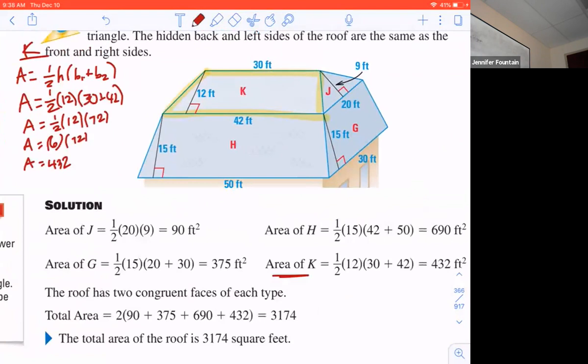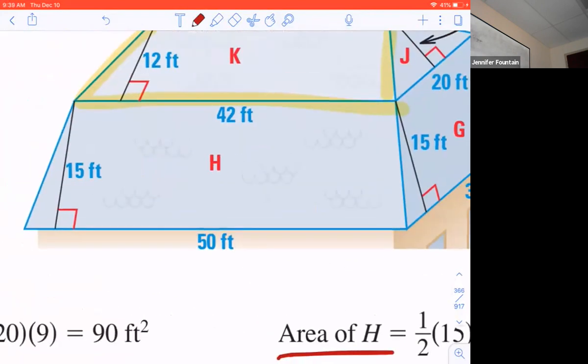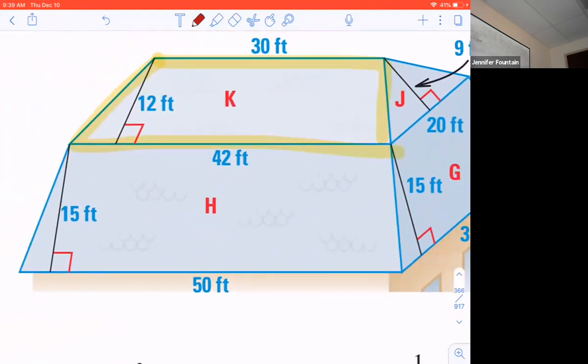Now let's look at letter H. When I look at H, what are my two bases? 42 and 50. What is my height? 15.